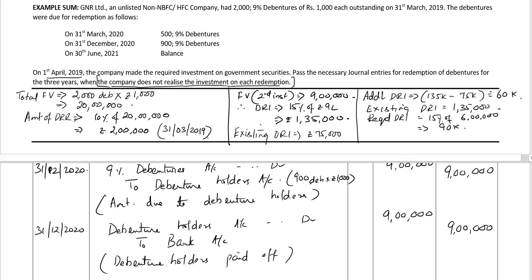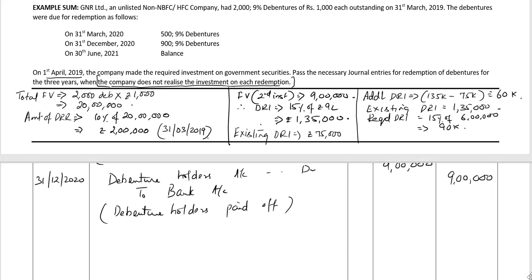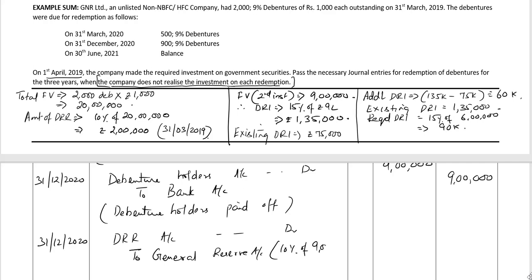The next entry is to transfer DRR proportionate to the debentures redeemed to GR, that's the general reserve. DRR account debit to general reserve account. 10% of face value of ₹9 lakh comes up to 90,000 rupees.